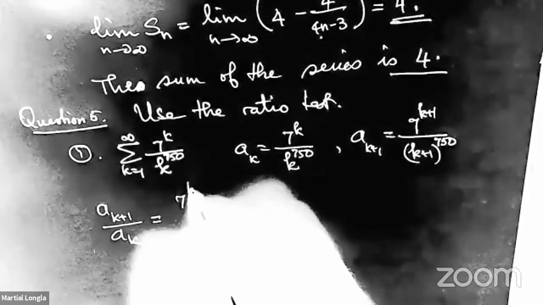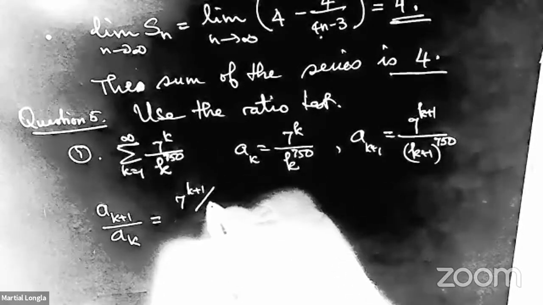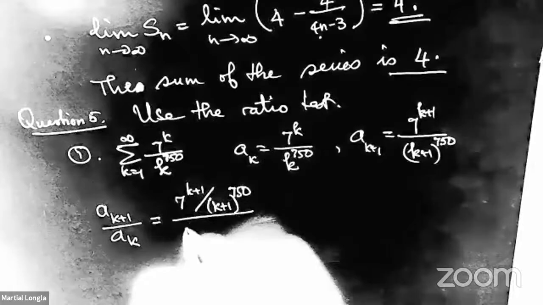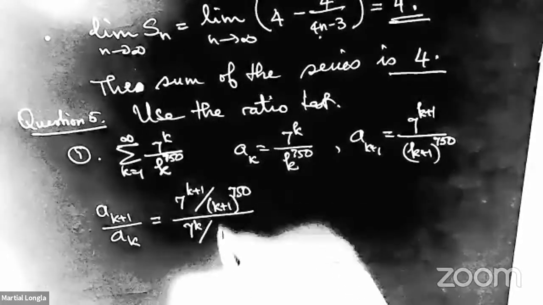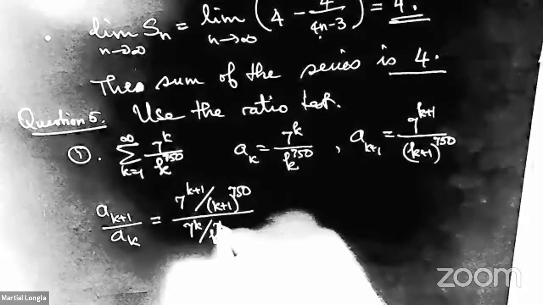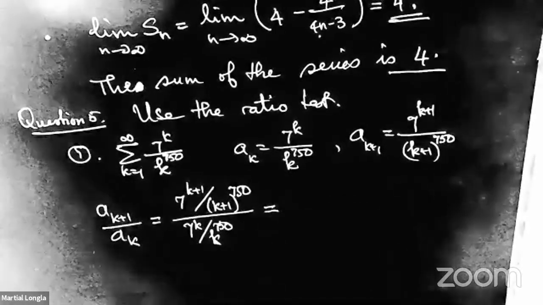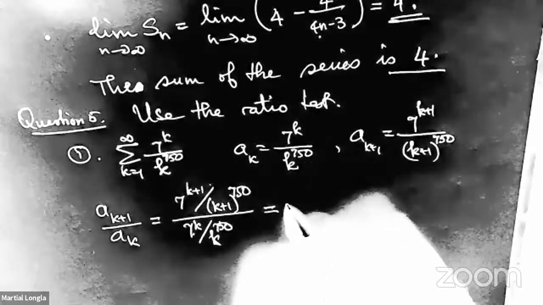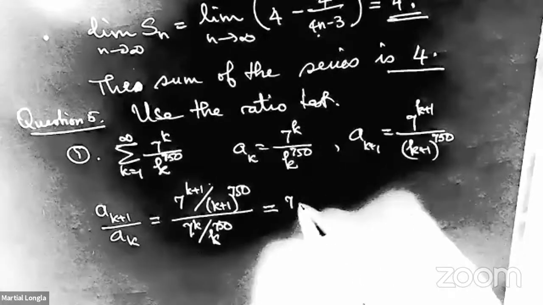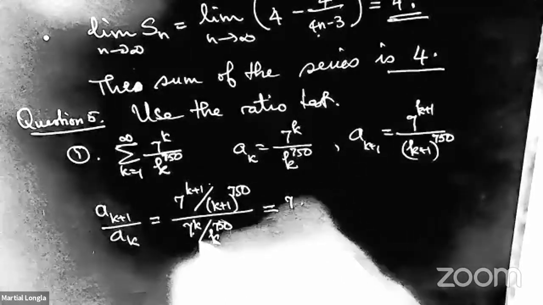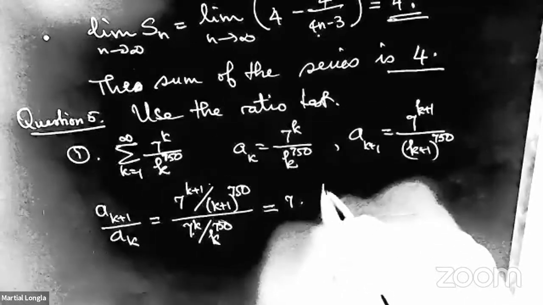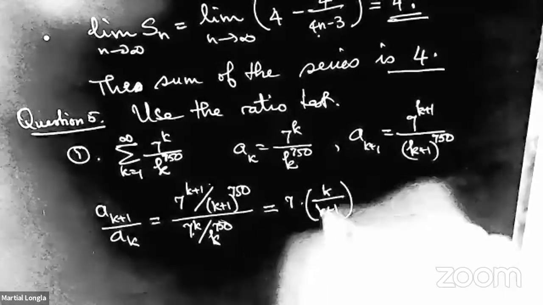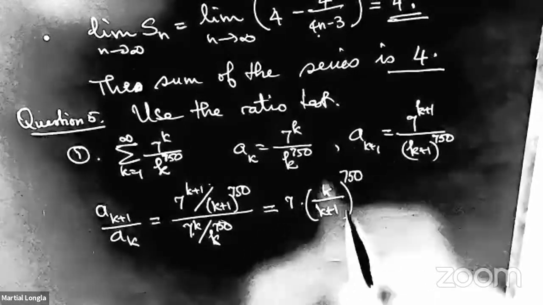That's 7 to the k plus 1 over k plus 1 to the 750 divided by 7 to the power k over k to the power 750. 7 to the power k plus 1 divided by 7 to the power k, you have a 7 that remains there. Then you have this, which is a denominator, it goes to the top, it becomes k. You can put them together actually, k over k plus 1 to the power 750.